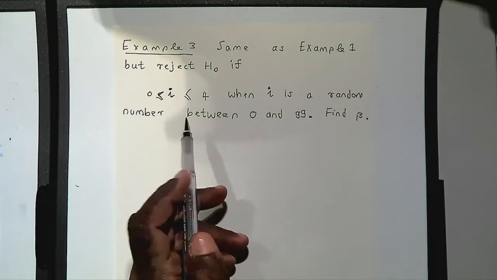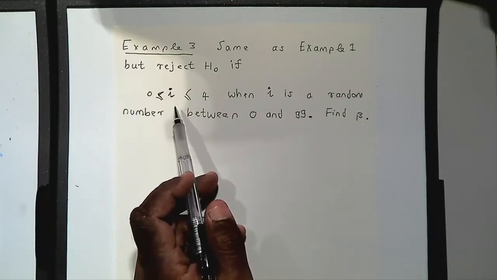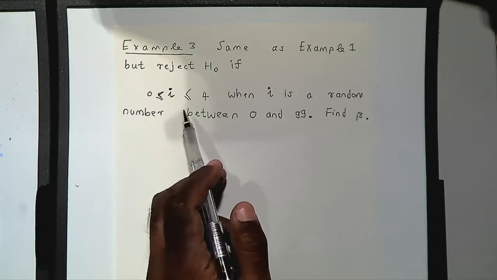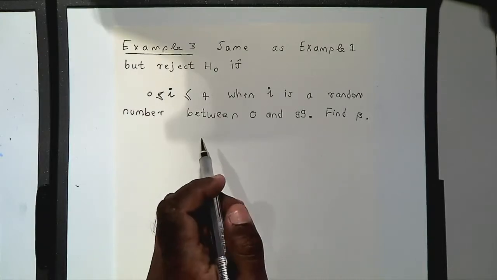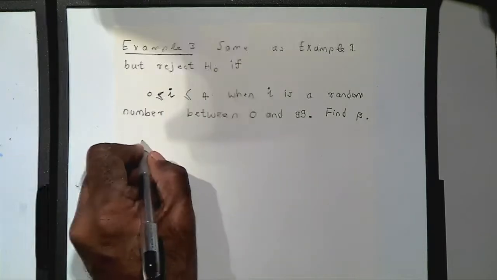So you follow what I've written. It says we reject the null hypothesis if I, a random number between 0 and 99, falls in the interval from 0 to 4, so it means either 0, 1, 2, 3, or 4, right?